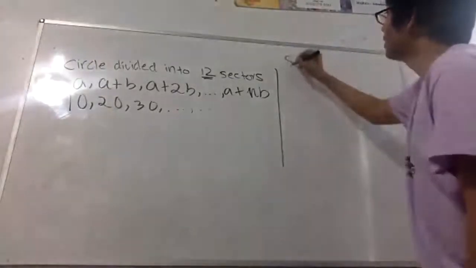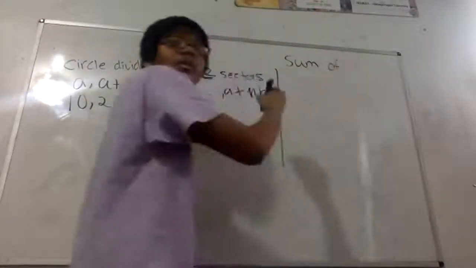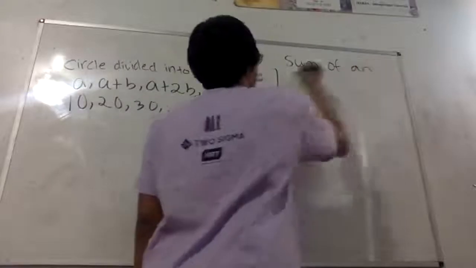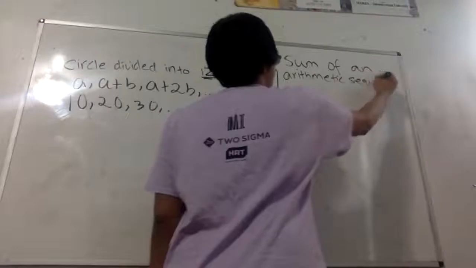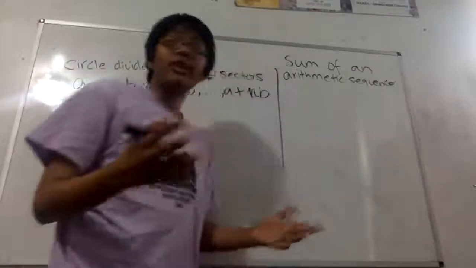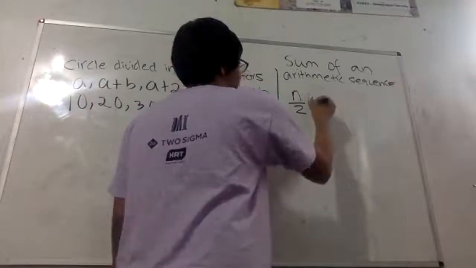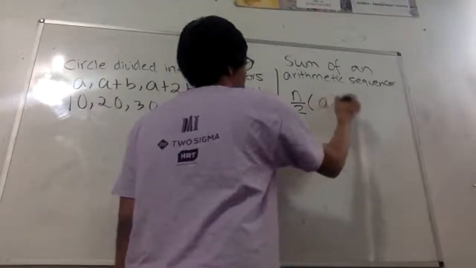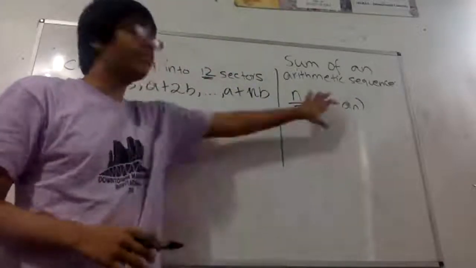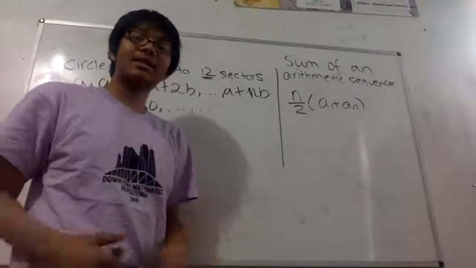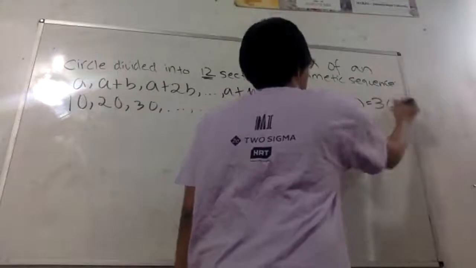The sum of an arithmetic sequence can be found by the following formula. You take the number of terms, halve it, and multiply that by the first term plus the last term. Now, in our case, we know that this will be equal to 360 because all the sectors of a circle add up to 360.